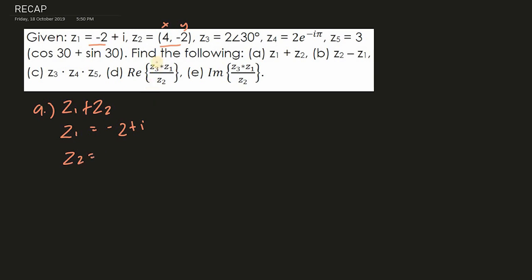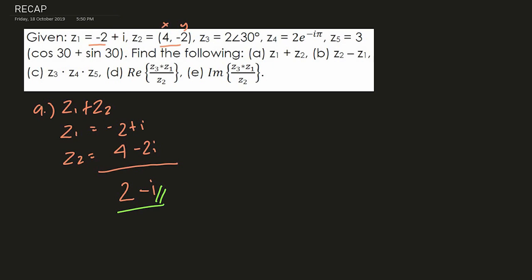Z2, since this is the X and this is the Y, we can write this as 4 minus 2i, right? So, adding these two terms, we add the real parts and the imaginary parts. Negative 2 plus 4, that's 2. i minus 2i is negative i. So, our answer is 2 minus i, right?